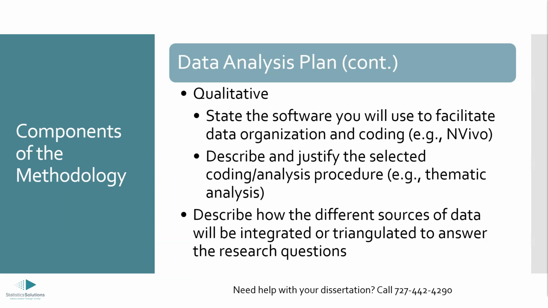Are you doing the quantitative first and then the qualitative? Or are you collecting both sources of data at the same time and are using both sources of data to answer the same research questions? If that's the case, you need to describe how exactly you're going to integrate those two data sources together and use them to answer the research questions.